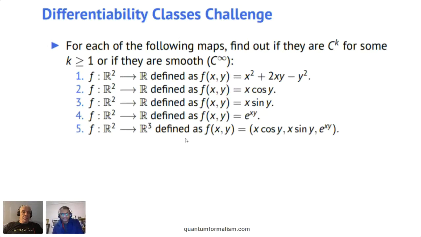You can notice here, when I was talking about component maps, for example, this map here is just these three tuple together. So this would be an example of this map being constructed from these three maps, but we'll come to that. The challenge is obviously you have to do the differentiation to see whether you can differentiate them arbitrarily many times and the result is still smooth.